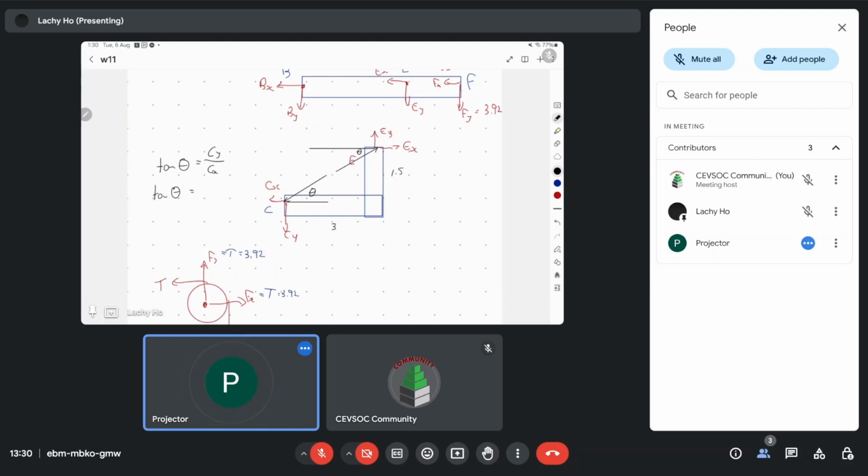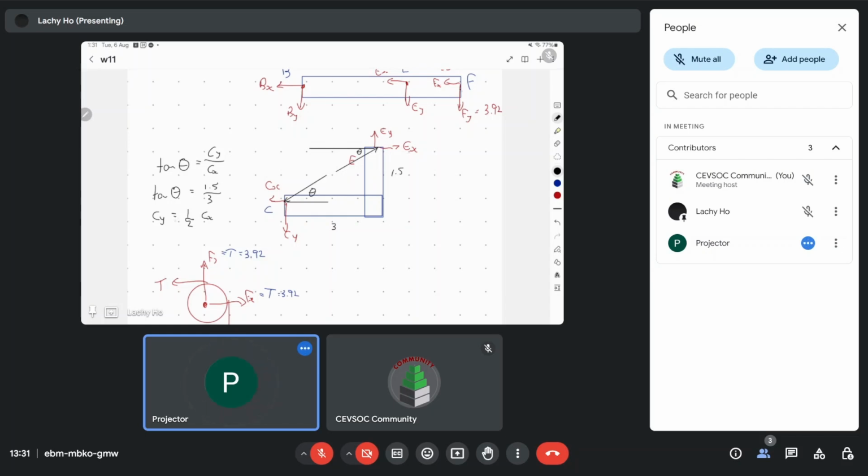So tan theta also equals 1.5 on 3. And so that means, equating these two equations together, that CY is equal to half of CX. And likewise goes for EX.